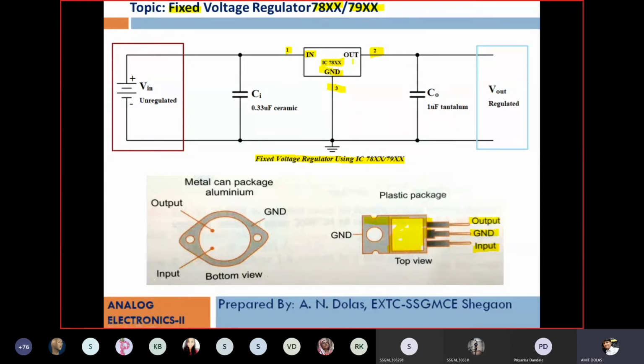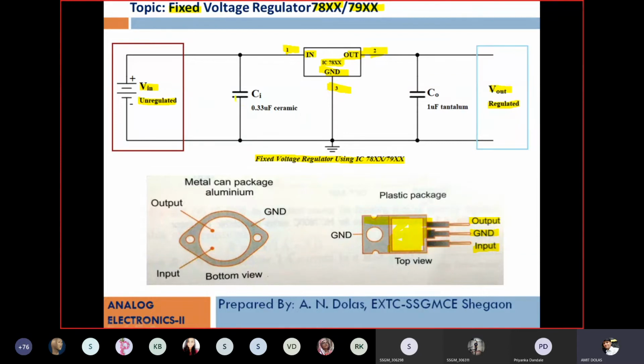Third pin is the output, this one. So here you can directly connect the unregulated power supply between pin number 1 and pin number 2, that is input and ground, and the regulated power supply you can obtain across pin number 3, that is output pin, and ground, that is pin number 2.